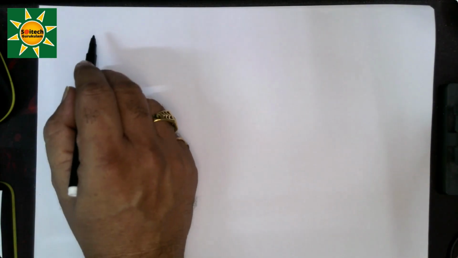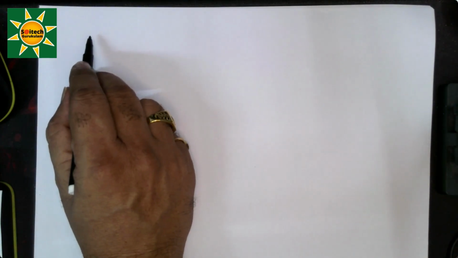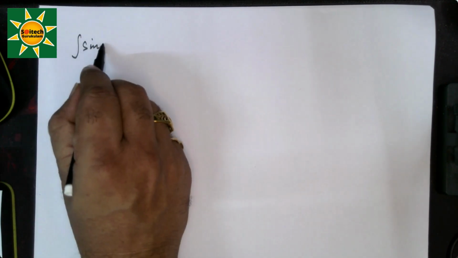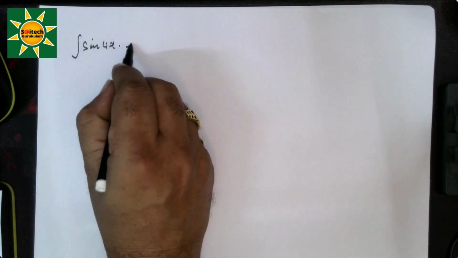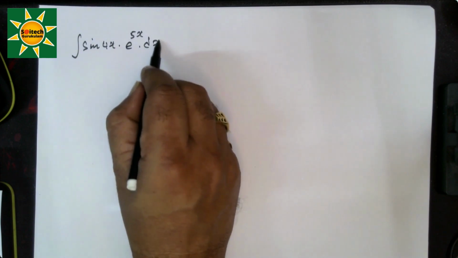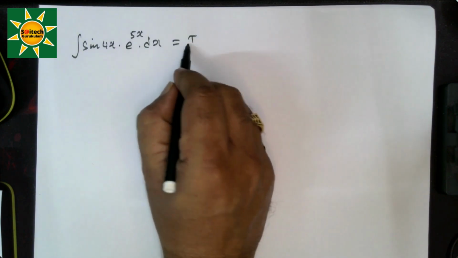Again, now let us proceed further. Before that, let me rewrite this: sine 4x e power 5x into dx. So this is taken as I1.